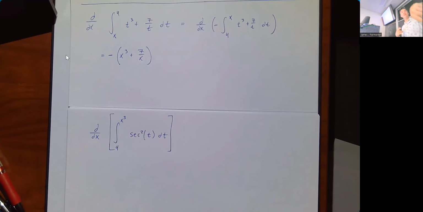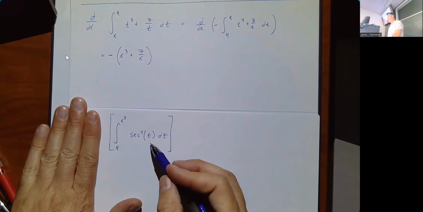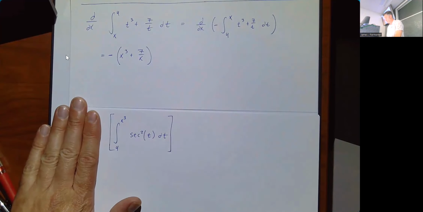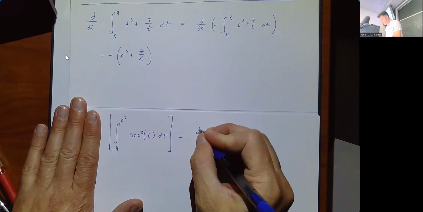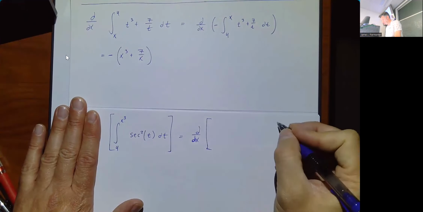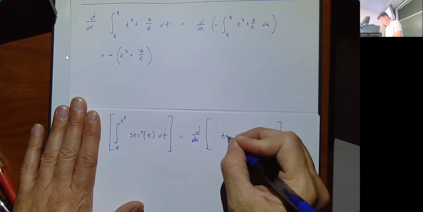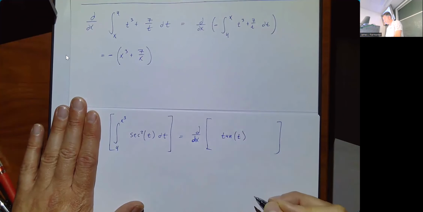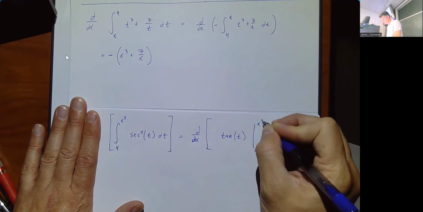The derivative of tangent is equal to secant squared, which means that the antiderivative of secant squared is equal to tangent. So the antiderivative of secant squared is tangent of t, evaluated from 4 to x cubed.